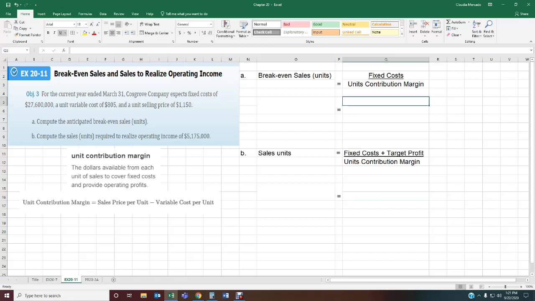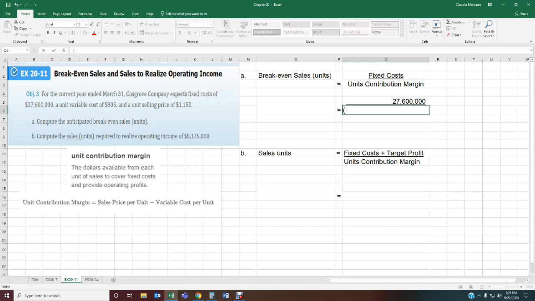So let's start with my fixed cost. Does the problem give us the fixed cost? Well, it says here that the company expects fixed costs of $27,600,000. So I'm going to put that there. And then I am going to divide it by my unit contribution margin.